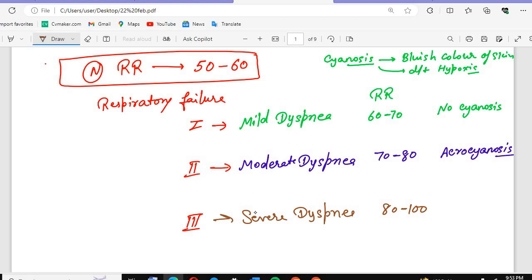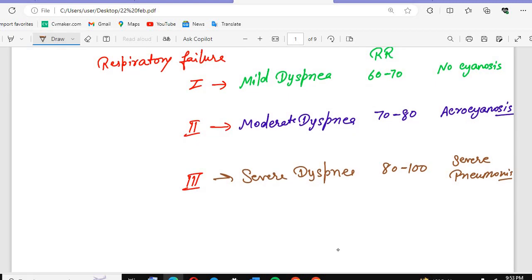The patient will be having severe pneumonia, and in severe pneumonia there will be complete cyanosis. So if severe dyspnea is there, the respiratory rate is 80 to 100, the patients will have severe pneumonia, and we will see complete cyanosis.